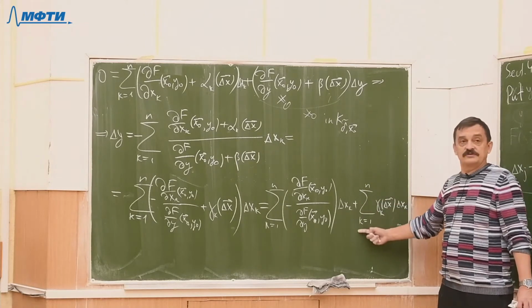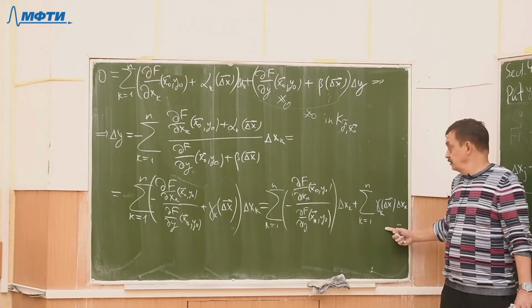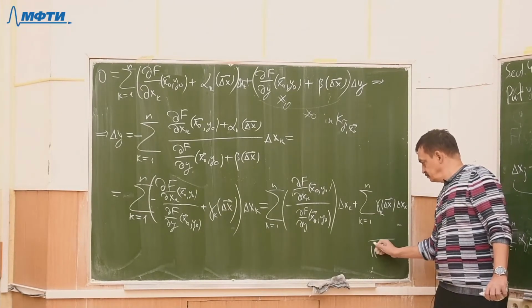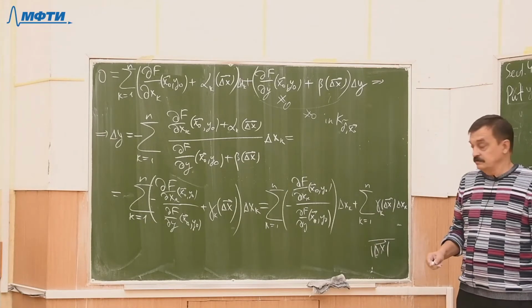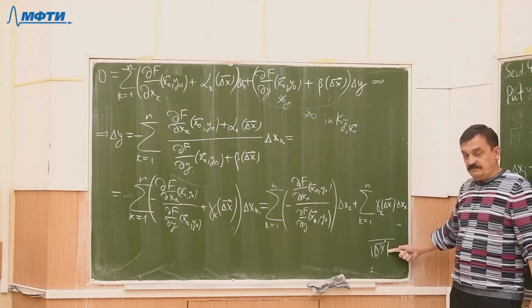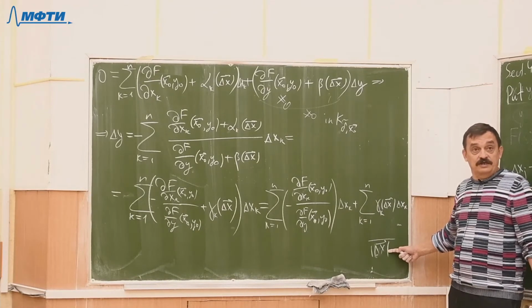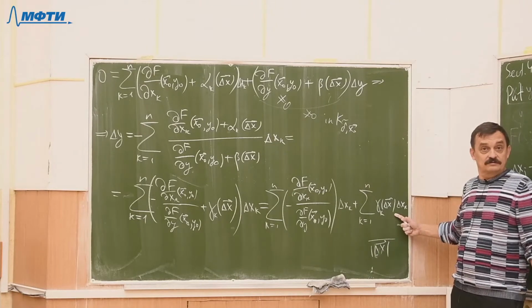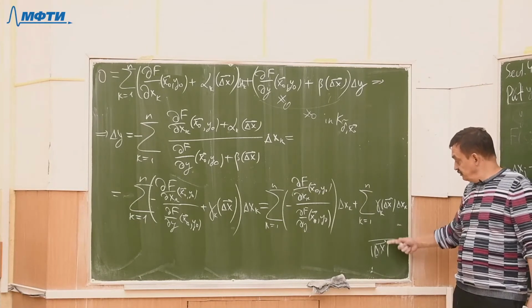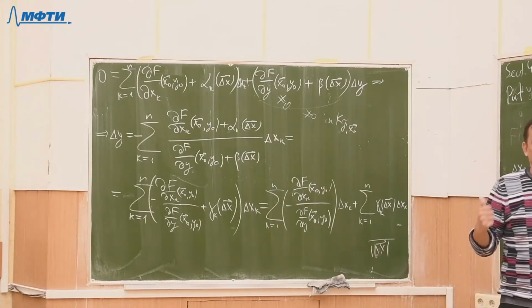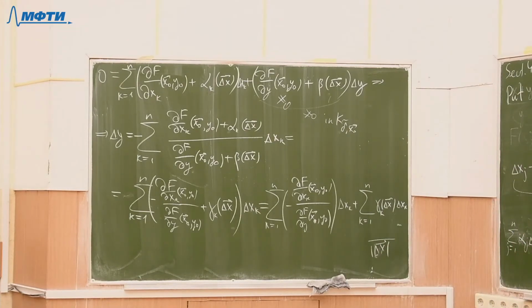What about this term? If we divide by the norm of this vector, then what happens? This ratio, delta xk divided by this vector, is bounded, right? And this tends to 0. So it means if we divide this sum by this vector, this quantity tends to 0, right?